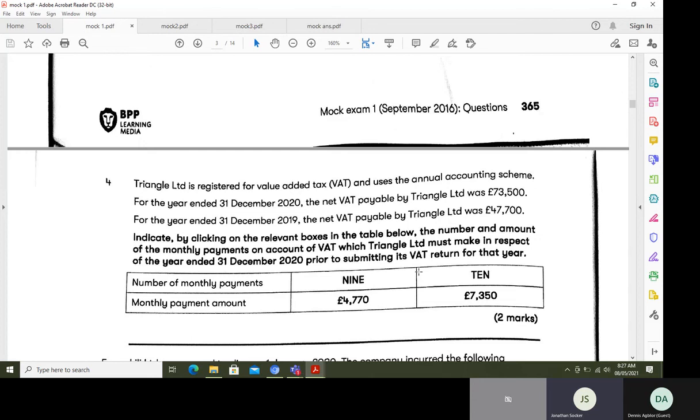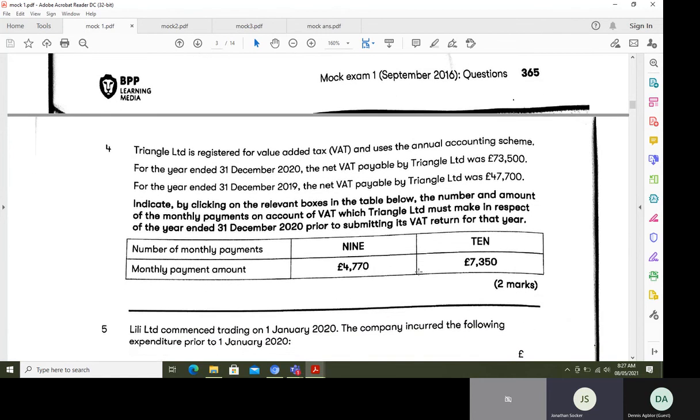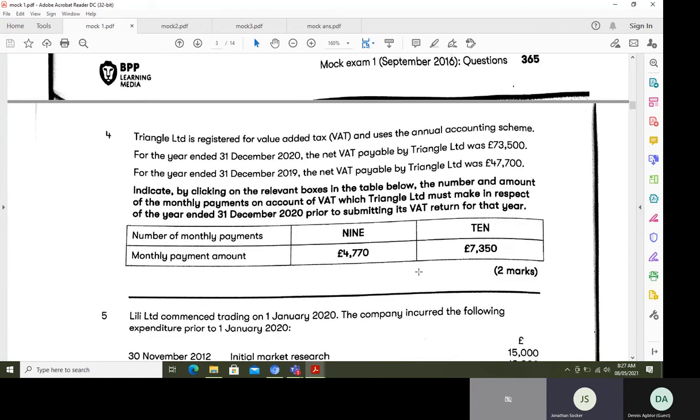All right. So question number 4 here is about VAT. The requirement was that we have to indicate on the relevant boxes in the table below the number and amount of monthly payments on account of VAT which T Limited must make in respect of the year ended 31st December 2020 prior to submitting its VAT return for that year.